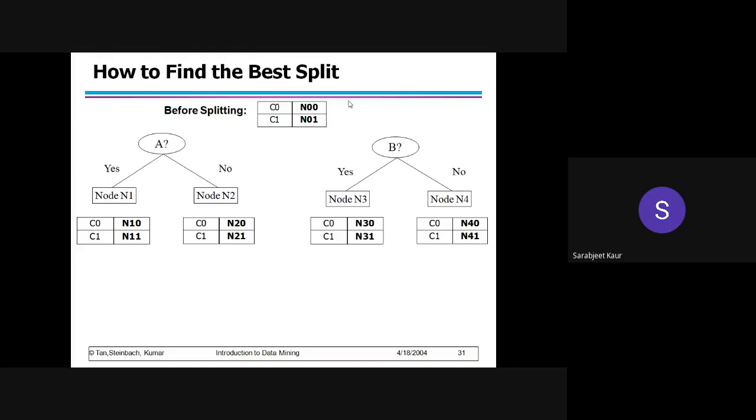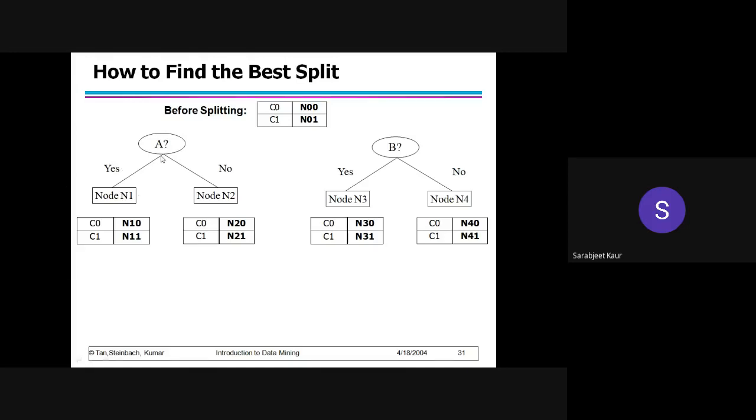Suppose we had two attributes, namely A and B, in this data set, then should we be splitting on attribute A or attribute B? To determine this, we see which will give us a better gain, gain in terms of purity or homogeneity.